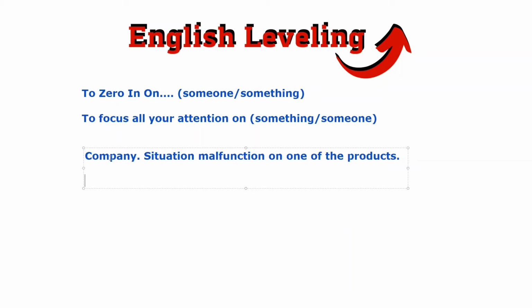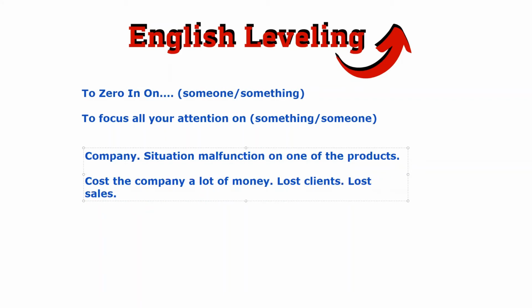This is a disaster. This is terrible for the company. Maybe it cost the company a lot of money. Maybe they lost clients. Maybe they lost sales. Or maybe they faced a lawsuit. It could be a number of different things.